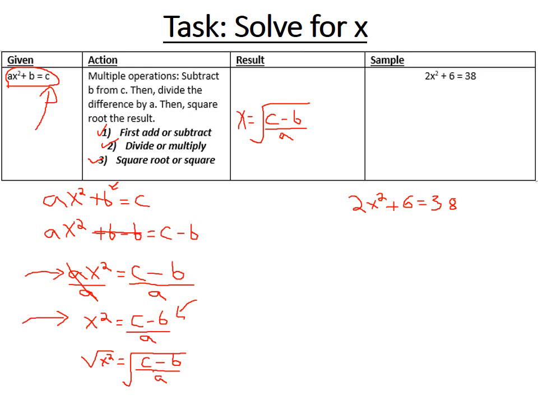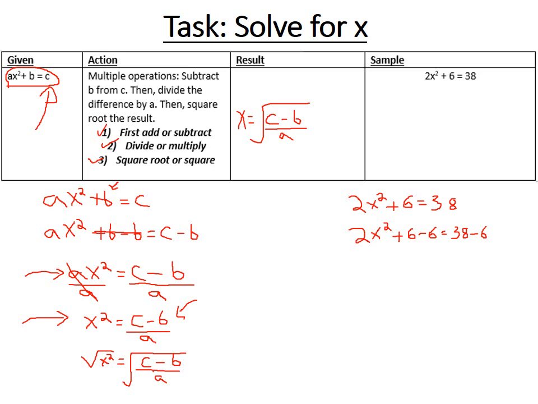But I'm going to teach you how to do this mathematically. So let's get rid of the 6 first. Since that's the addition, we have to do a subtraction. So 2x squared plus 6 minus 6 on this side, and minus 6 on the other side as well is equal to 38 minus 6.